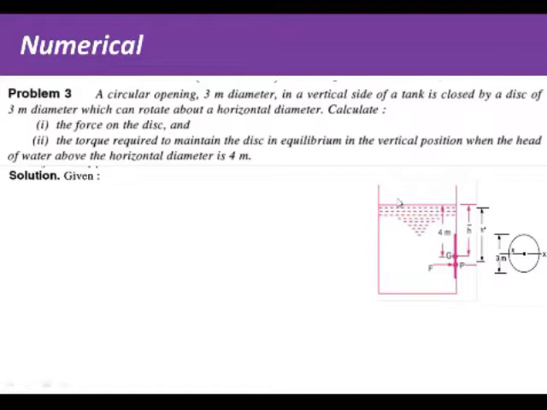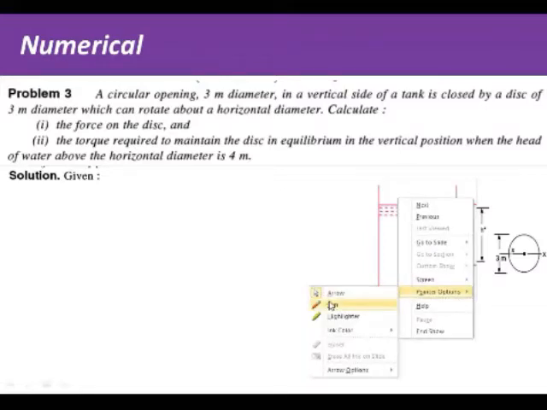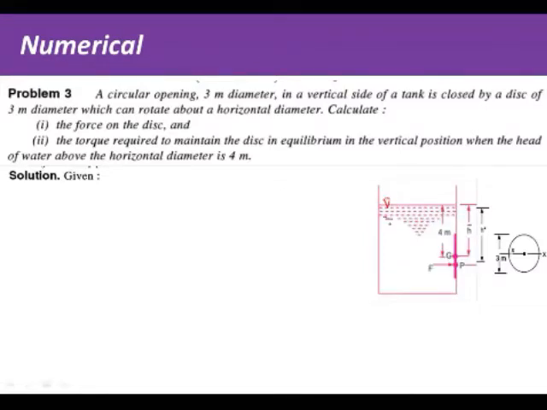Now under the action of this water, on this circular gate surface, a force F will be acting at center of pressure P. First of all we are supposed to find the value of this F. After that, on the other end of the gate, what is the torque?